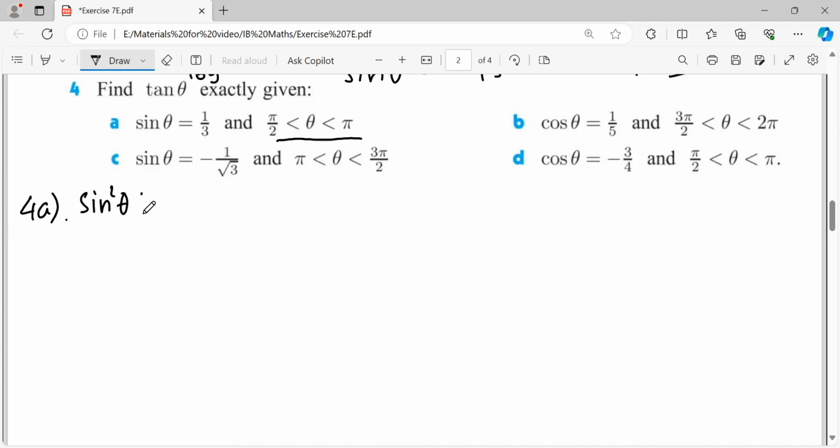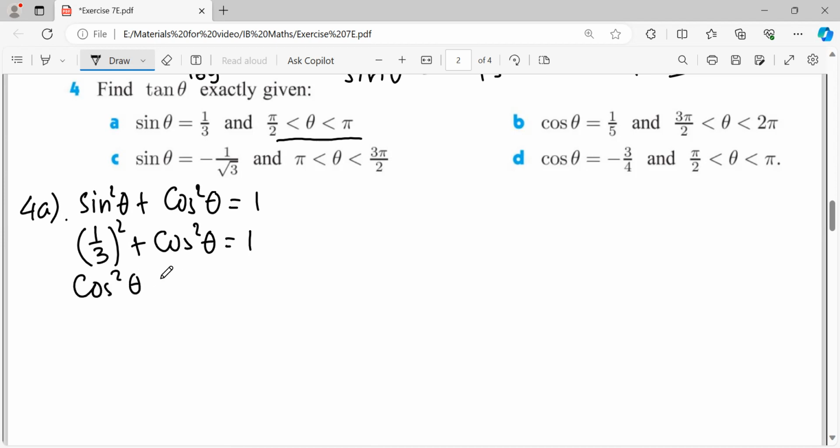Sine squared theta plus cosine squared theta equals 1. So 1/3 squared plus cosine squared theta equals 1.